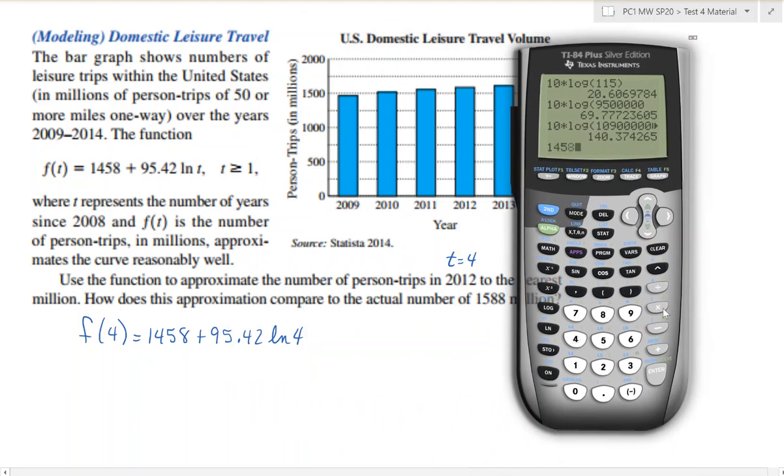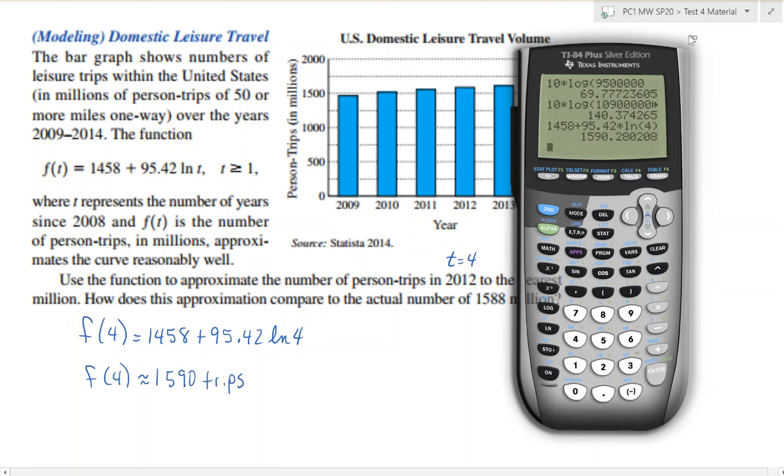1458 times, plus 95.42 times the natural log of 4, and that model gives you about 1,590 trips.